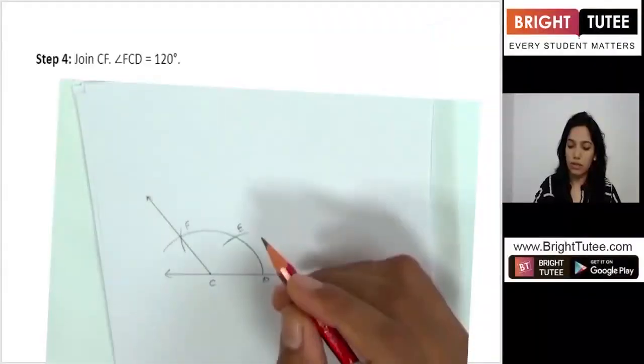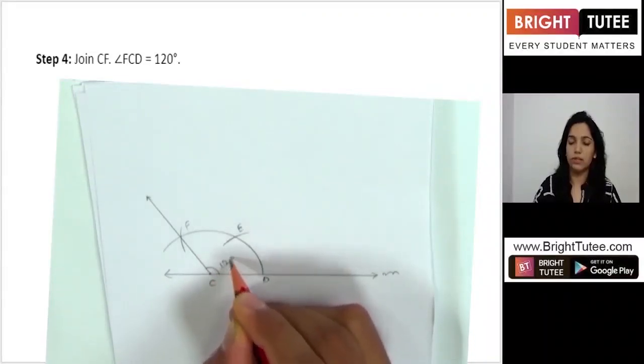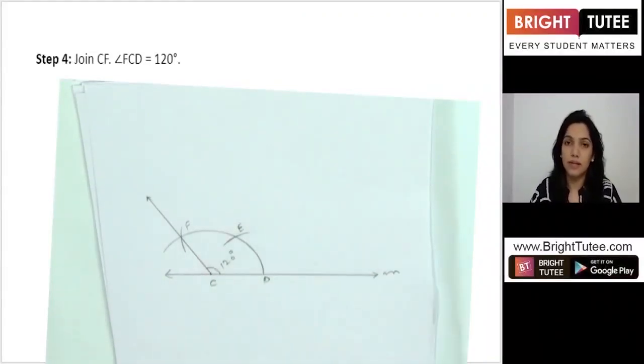So we have got this angle of 120 degrees measured. Clear? Simple.